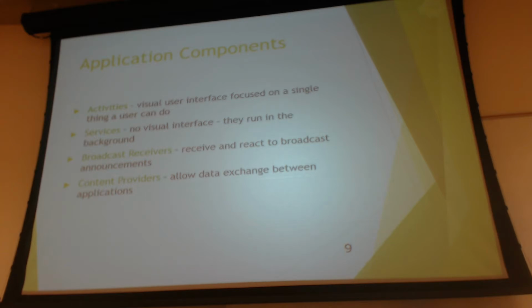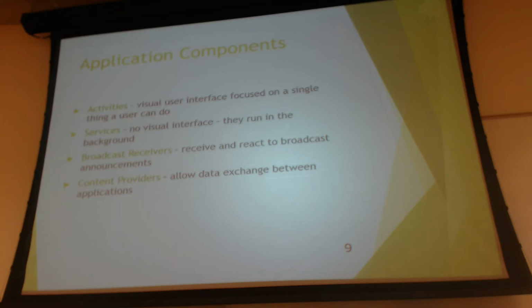Now you might also want to run some tasks in the background, for which you don't need user interaction. Those tasks you run in another type of thread called the services thread.